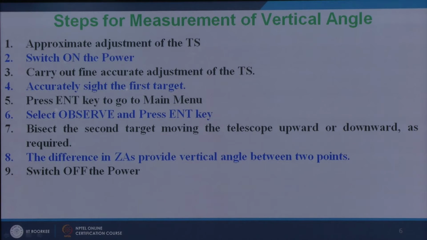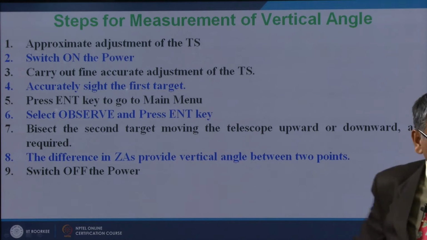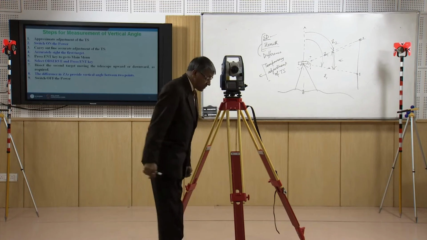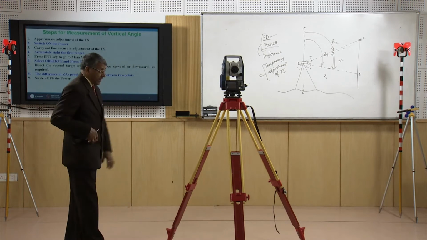So, as I told you, for making the vertical angle measurement, first we need to make this instrument temporarily adjusted.